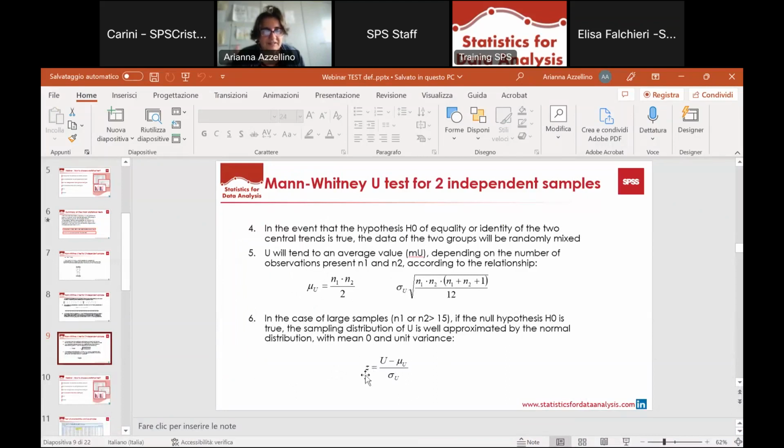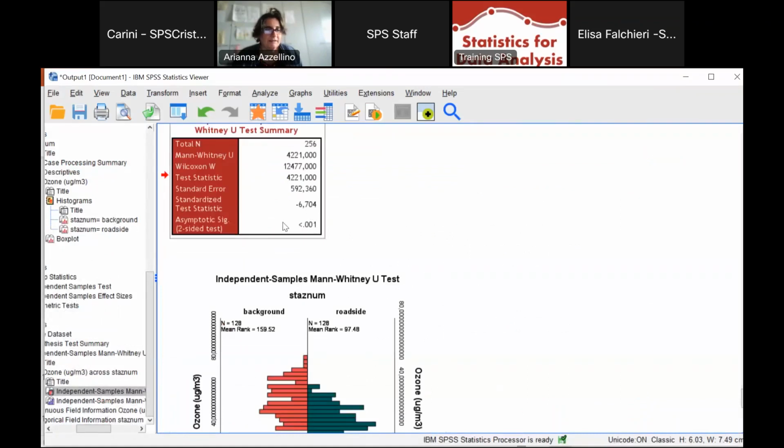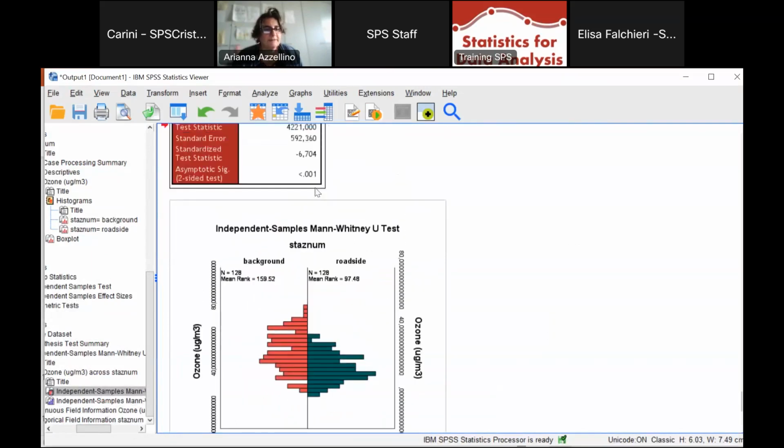So using this Z-score, which has a known normal distribution, the software is able to estimate the asymptotic significance level, which, as you can recall, is very similar to the one we have already obtained using the t-test.